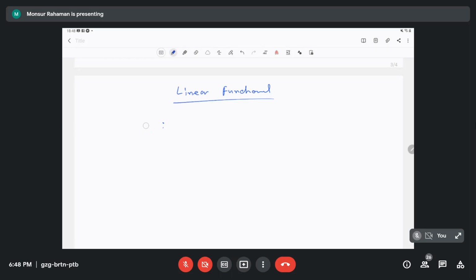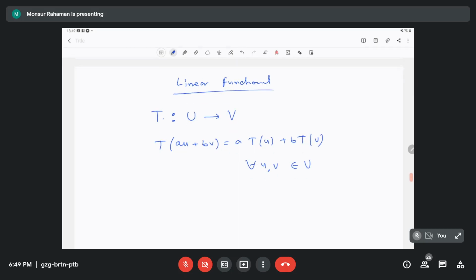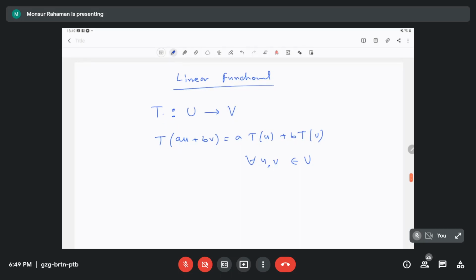Let's call it T first. This is a linear transformation with this condition: T(au + bv) = aT(u) + bT(v) for all u and v belonging to U, vectors from U.